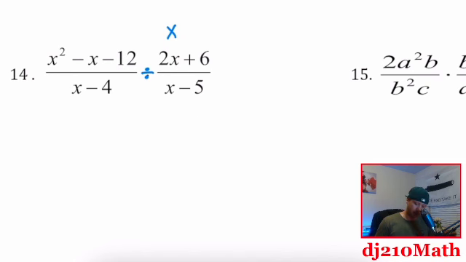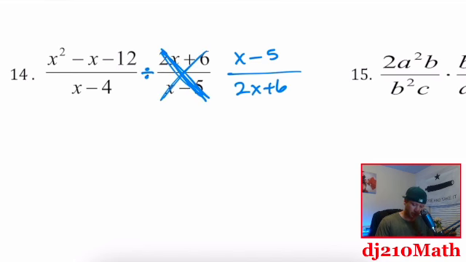Let's write it off to the side just so you can see it. You keep the first one, change it to multiplication, and then flip the second. So there it is. It's multiplication.